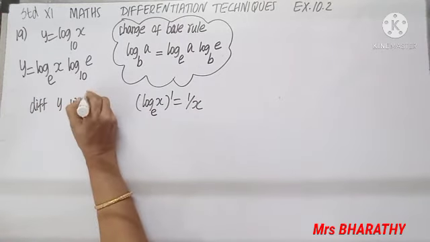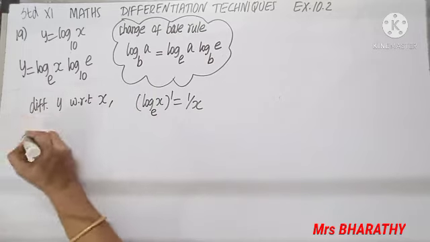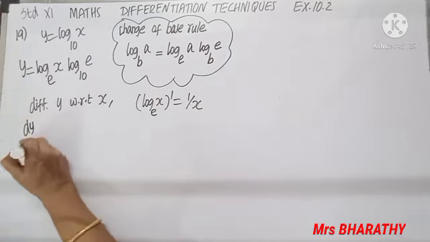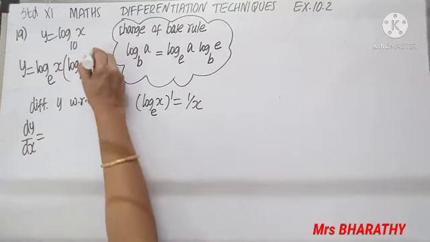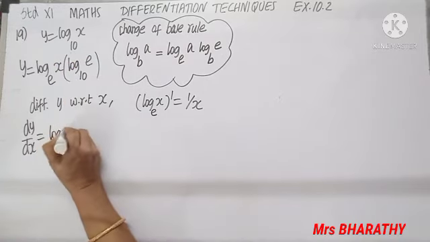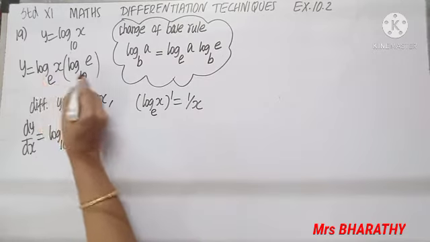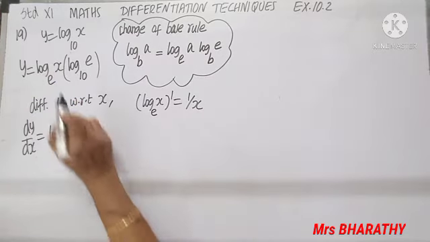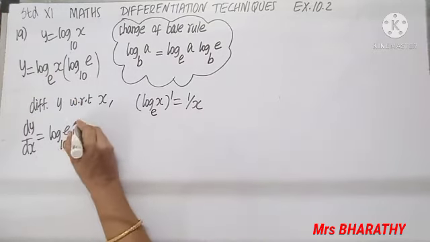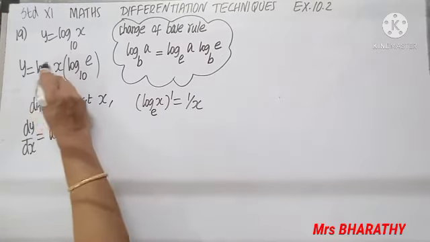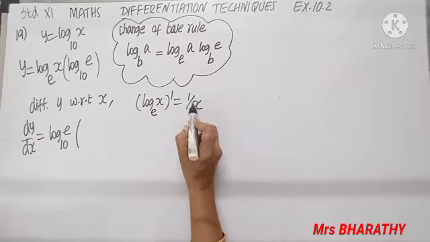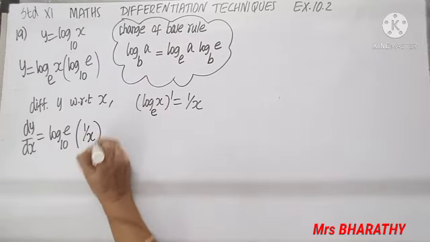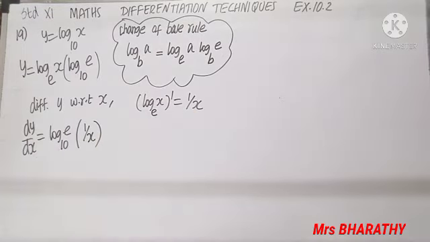As we differentiate y with respect to x, y becomes dy/dx. RHS, this is a constant. Keep it as it is because it will be treated as the coefficient now. So log e base 10 comes as it is. Log x base e. As I differentiate, my answer is 1 by x, and that is the answer.